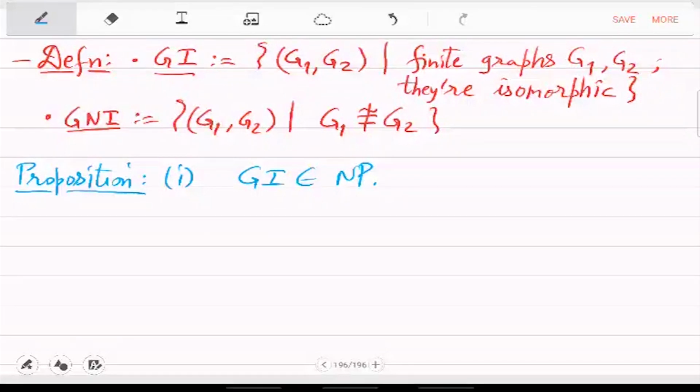So, somebody gives you that permutation, you can easily check. So, it is easy to verify. And graph non-isomorphism hence is in co-NP, right, because it is just the complement problem. But what is still open is whether both these problems are in the intersection of both these classes.